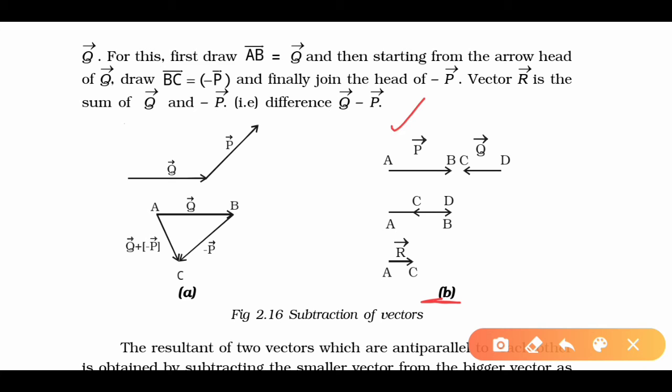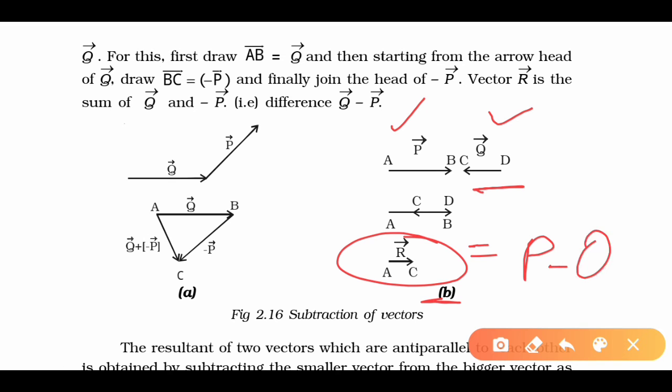Now in the second diagram, we have two vectors acting in opposite directions. So the first vector AB is equal to P, and the second one CD is equal to Q. So adding these vectors, we get the resultant R vector equal to P minus Q vector.